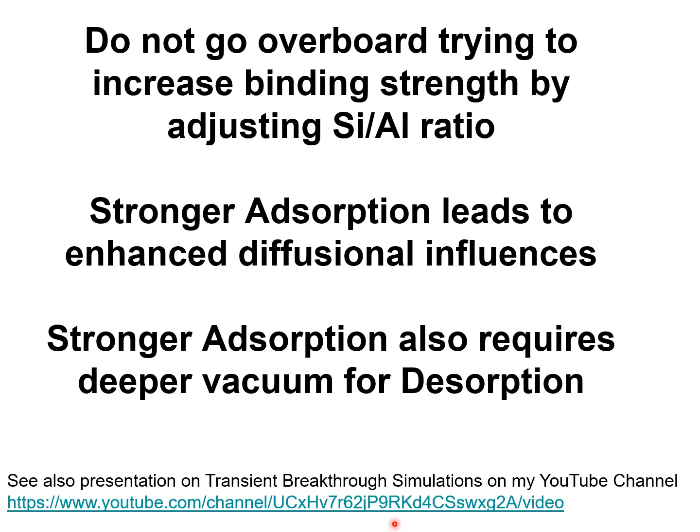The takeaway from the previous slide is that we should not go overboard in trying to increase the binding strength by adjusting the silicon to aluminum ratio in faujasite zeolites. Strong binding leads to lower mobility, and therefore diffusional influences are enhanced.